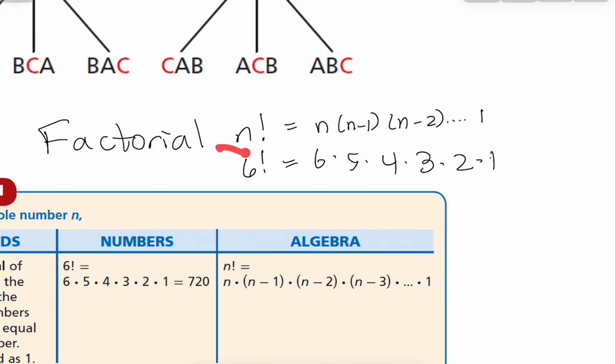But that notation, some calculators have it, some calculators don't. I'm going to show you a way to deal with that notation so that you don't have to worry if your calculator doesn't have that button. If that was 16 factorial, I'm not going to have you write or put into your calculator 16 times, 15 times, 14 times, 13 times, 12, all the way down to 1.